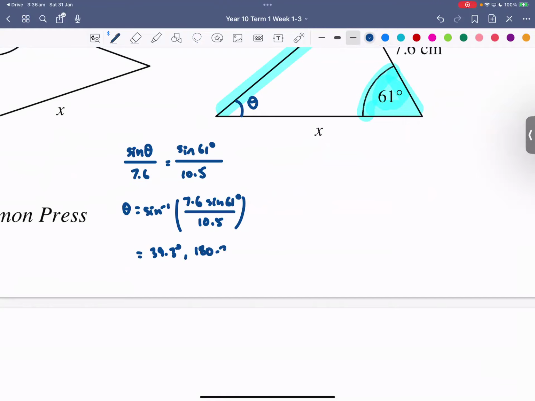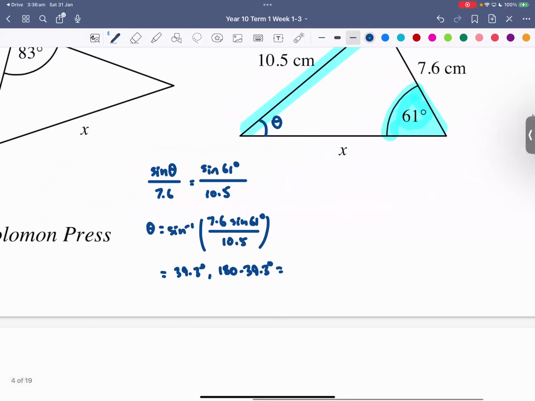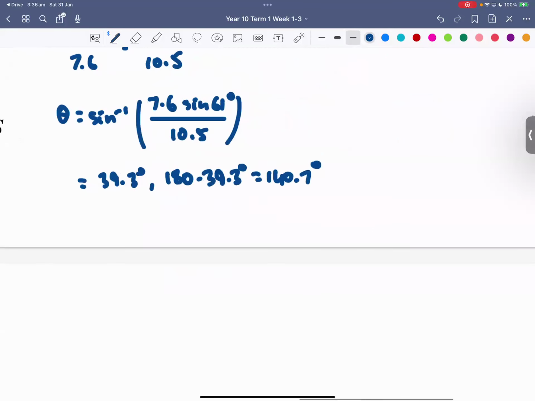Or 180 minus 39.3, which is what? 40.7. Does it fit? No. That saves some time. Reject. Could it possibly have fit? Maybe, depending on the question, it could have fit. In this case, it did not fit.